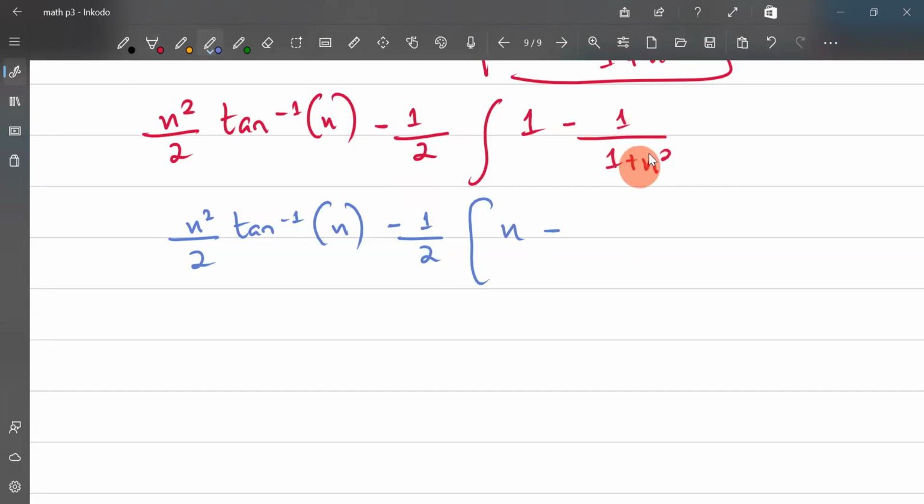We'll apply that formula here, but since we have no other constants attached to x, we can simply integrate it like this.